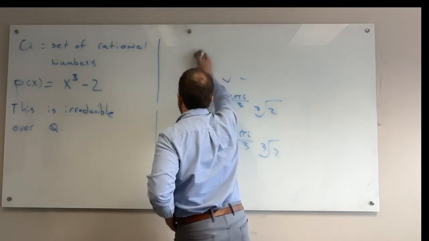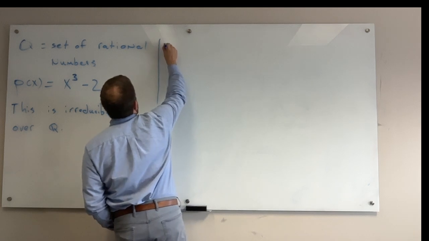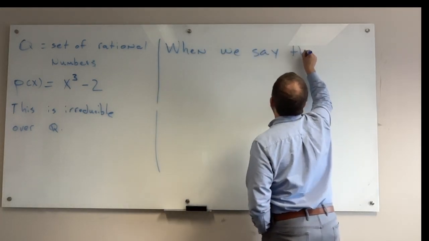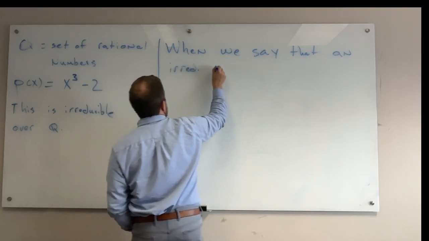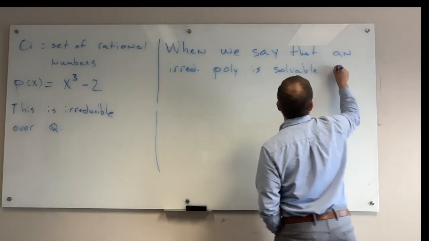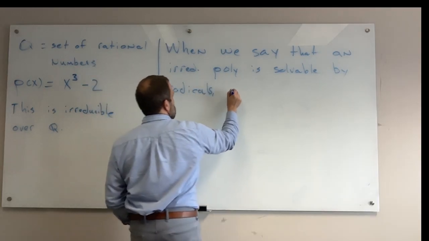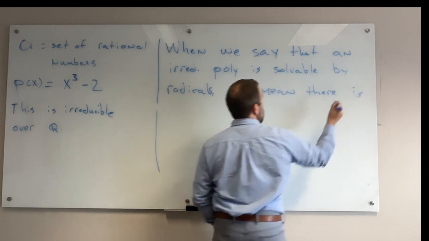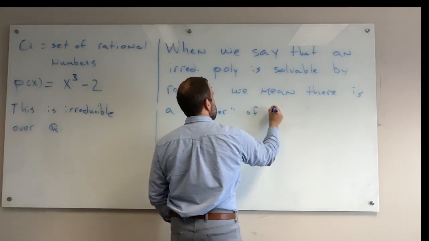When we say that an irreducible polynomial is solvable by radicals, we mean there is a tower of fields.